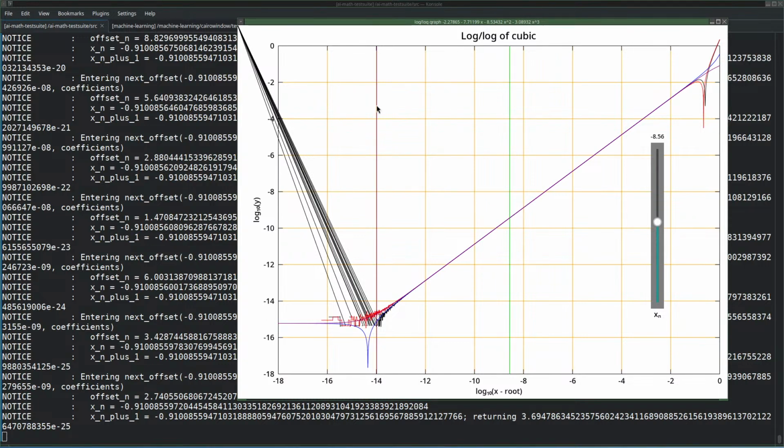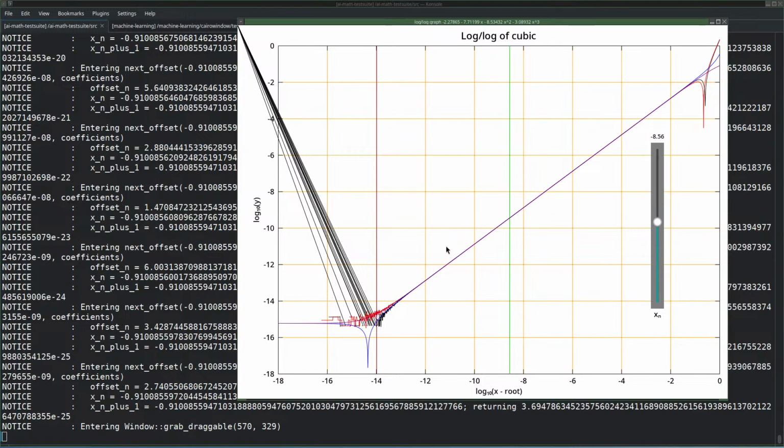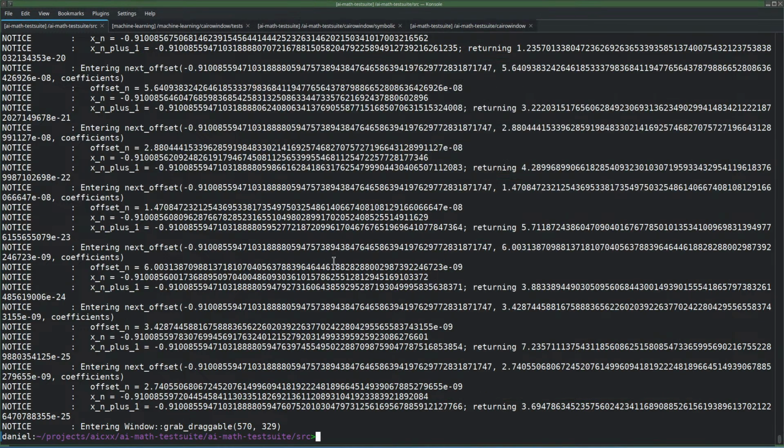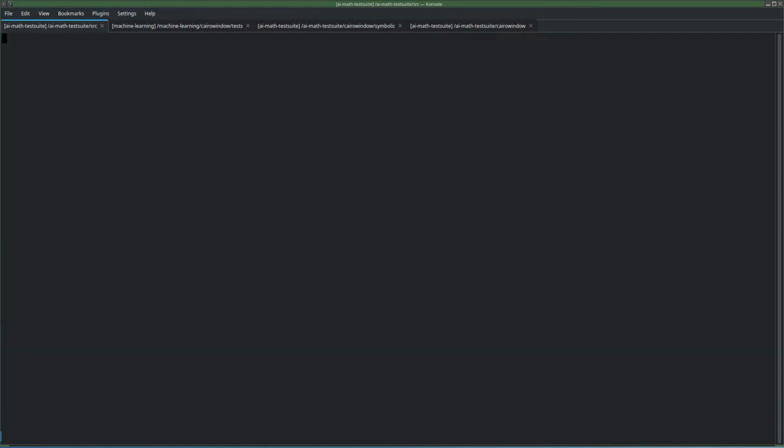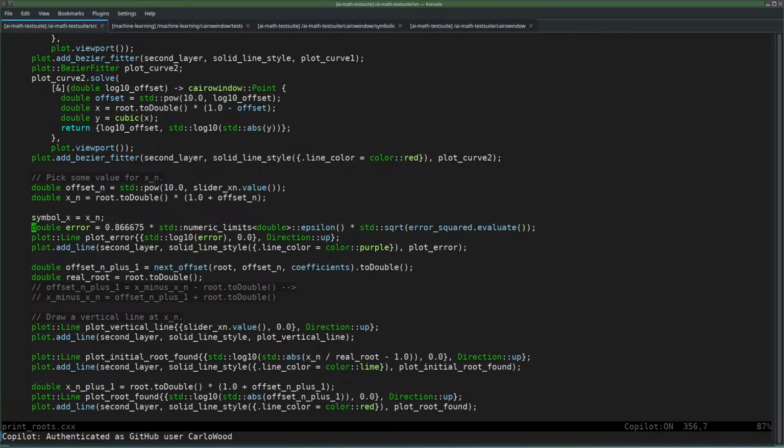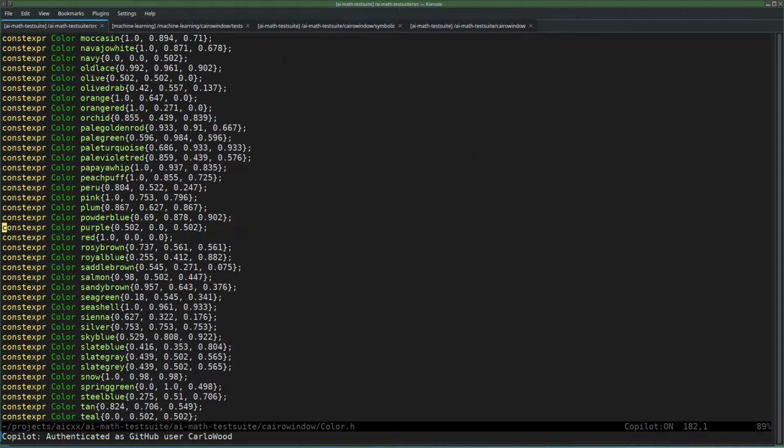Doesn't look very purplish to me. What other colors do we have? So a bit unclear, I must say.